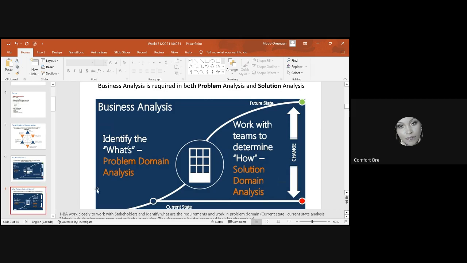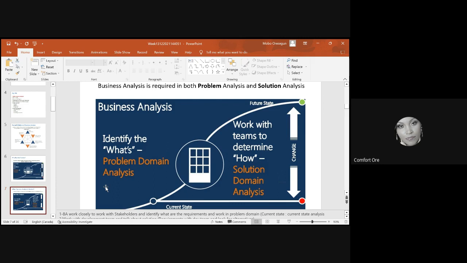Okay, identifying what the problem domain is, and then preferring the solution. Again, it's like referring back to what we've said. Before you are employed as a business analyst, or before you come into a project as a business analyst, you need to understand what the problem is. There always has to be a problem. It doesn't matter what kind of problem or what kind of issue the organization is trying to resolve.